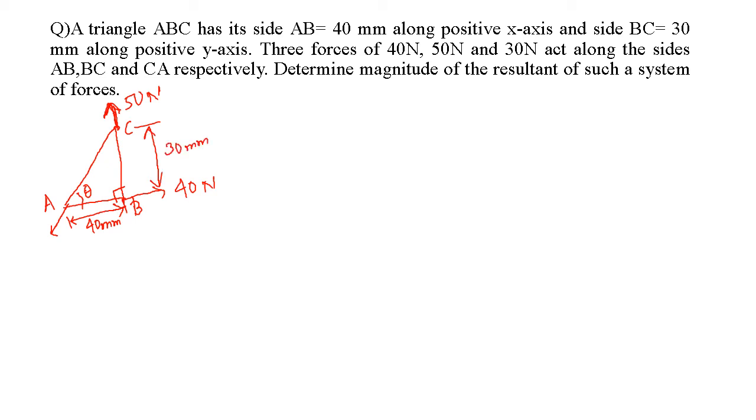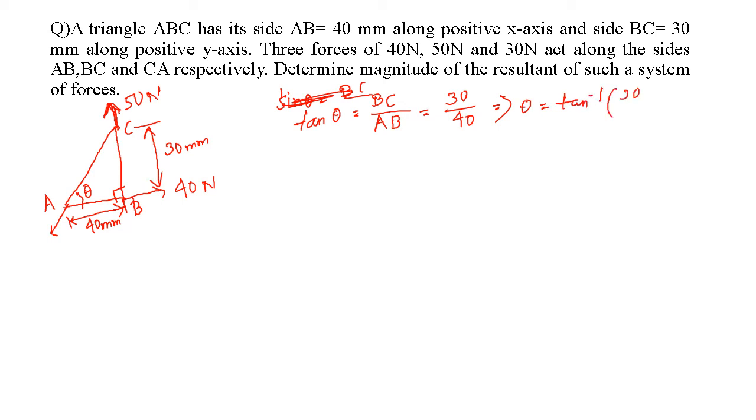We know the distance: this one, AB, is 40 mm and BC is 30 mm. How can we get the theta? Tan theta equals BC by AB, which is 30 by 40, and theta equals tan inverse 30 by 40.